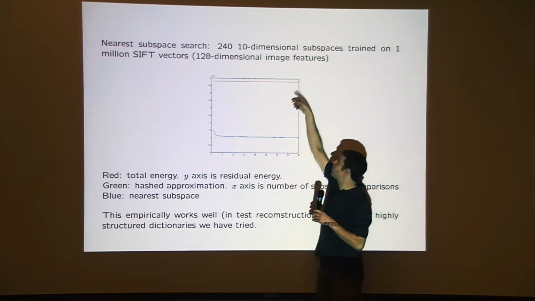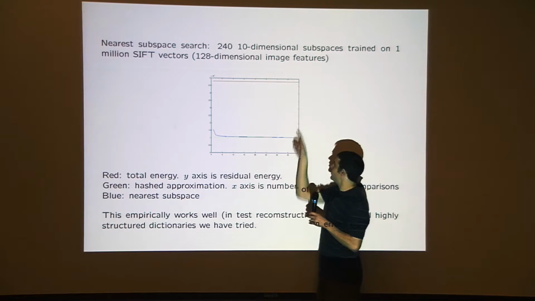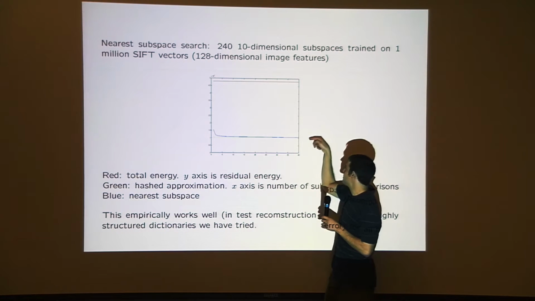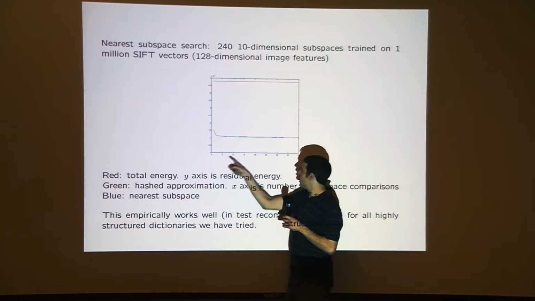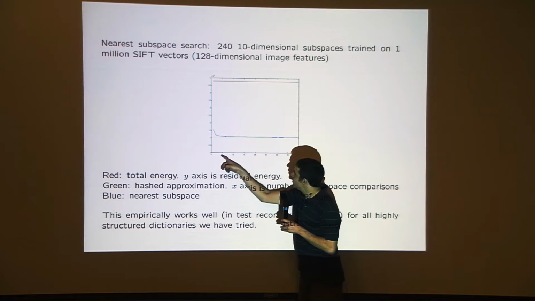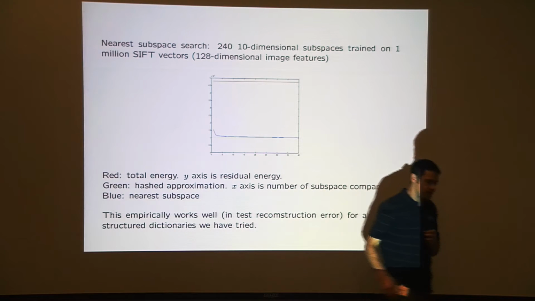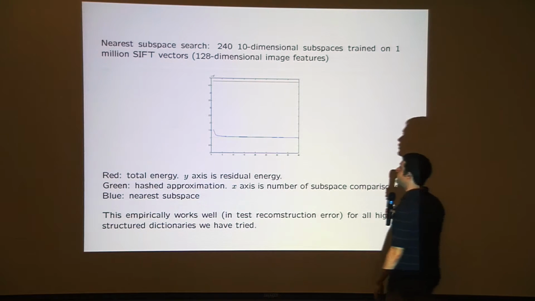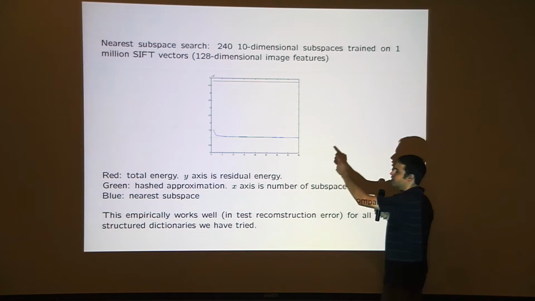So this is the total average energy. This is the average energy of the best fit subspace. This is after m comparisons. So here m is like 5, and here m is like 10. The number 240 there doesn't matter. If you do 2,400, you get the same picture, actually.